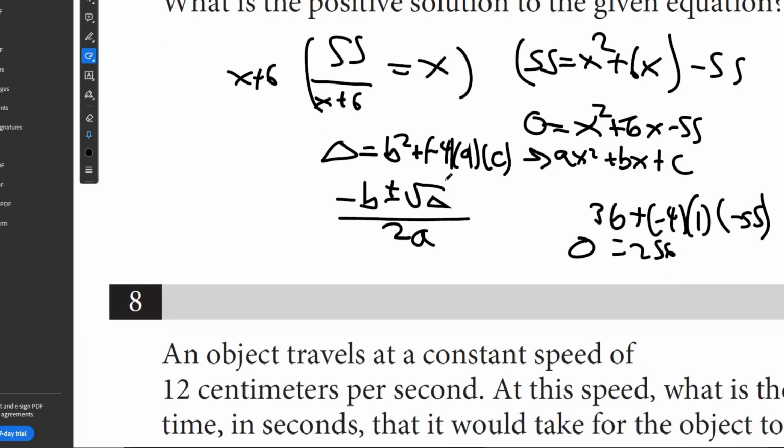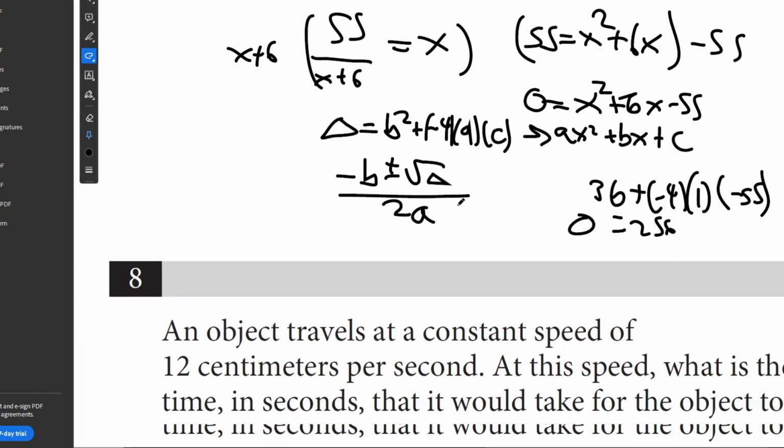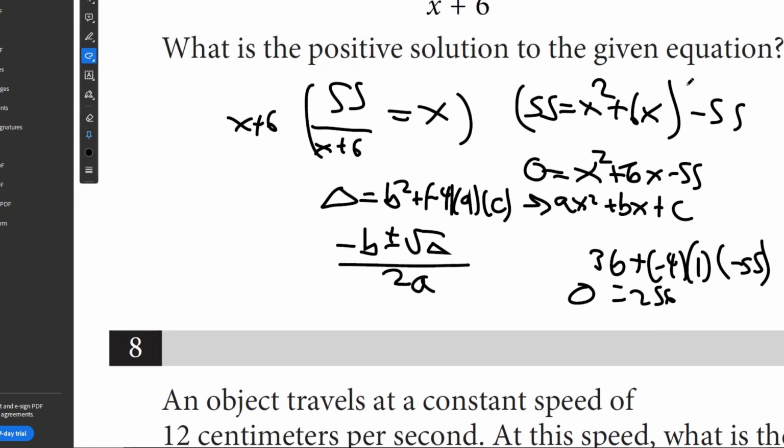Now let's plug this into our quadratic root formula. Negative b is negative 6 plus or minus the square root of 256, and the square root of 256 is equal to 16, so we can just write 16 instead. 16 divided by 2 times a, but a is 1, so it's just divided by 2.